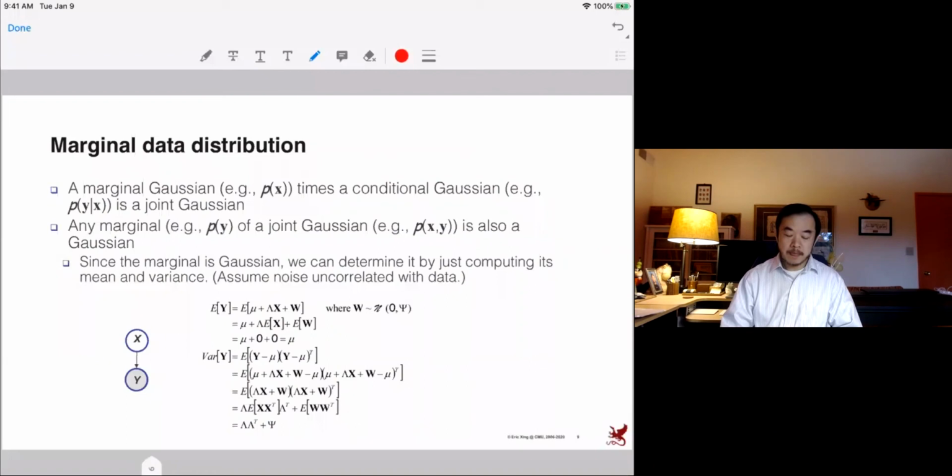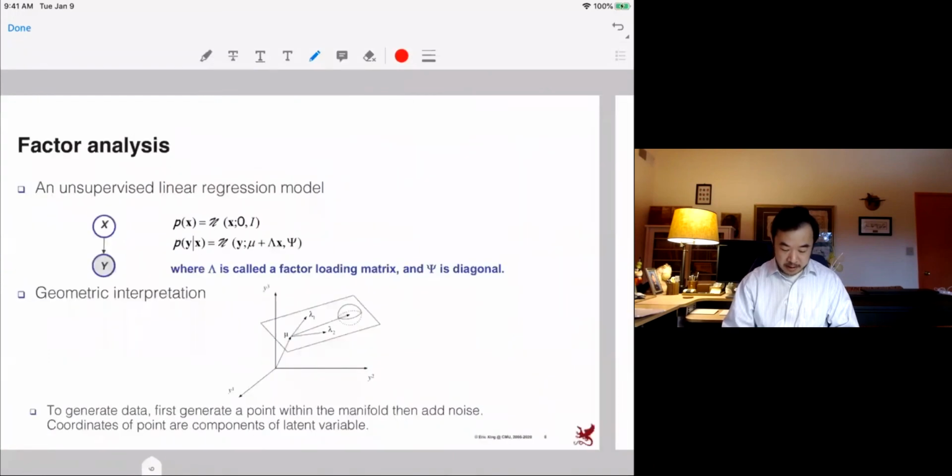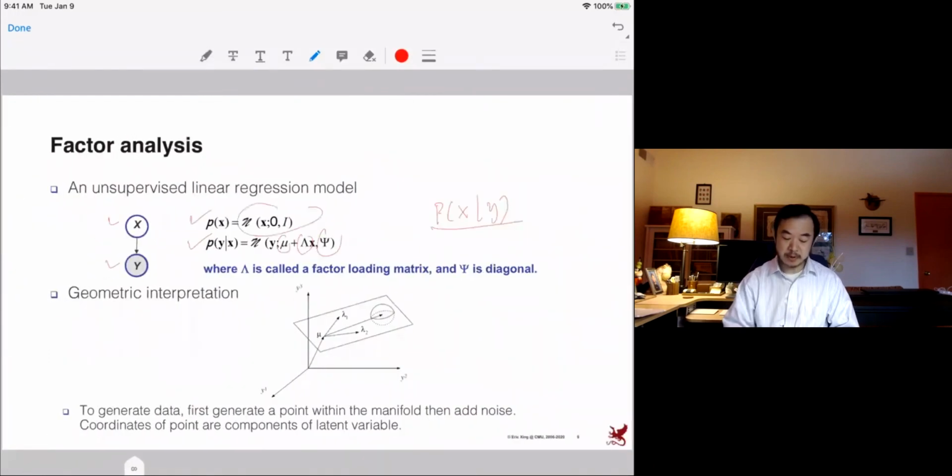First of all, when you have a Gaussian distribution, you typically don't need to write down any equation for it, because the Gaussian distribution is fully characterized by a mean and a covariance. Once you know these two, you understand the entire distribution already. So here, we have the mean of the x already because we say that x follows this distribution.